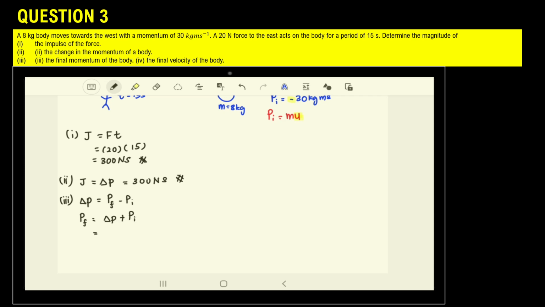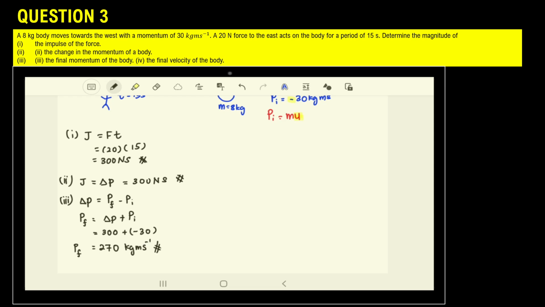We have delta P equal to 300 plus the initial momentum, remember the direction, negative 30. And P final is equal to 270 kg meter per second.